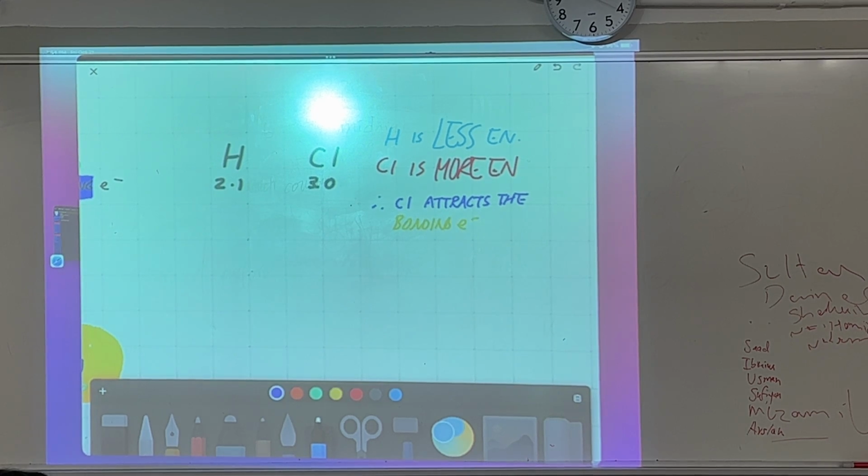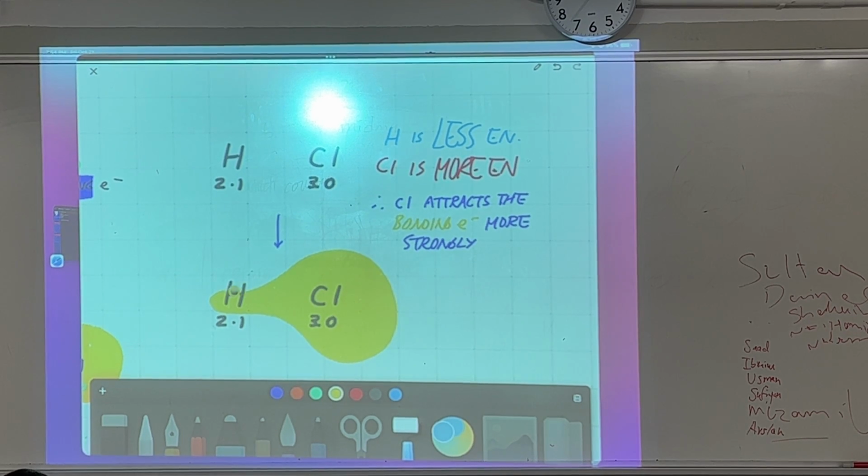I will paint the yellow color on this diagram here, don't worry. More strongly. And this is what the bond looks like. So you have H and Cl, and then you have the electrons accumulating around Cl more than it accumulates around H.